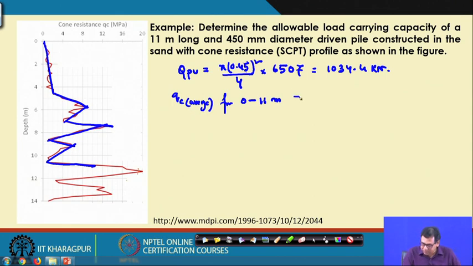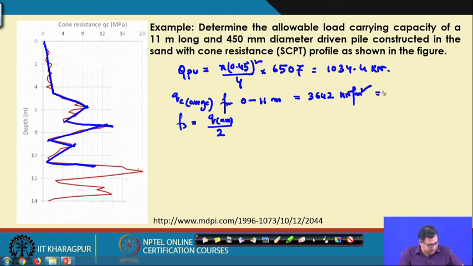So, the average value, if I do it, is coming out to be 3642 kilonewton per meter square. Now I will use that Fs is equal to Q average divided by 2 for driven pile, and remember that this Q average is in kg per centimeter square.